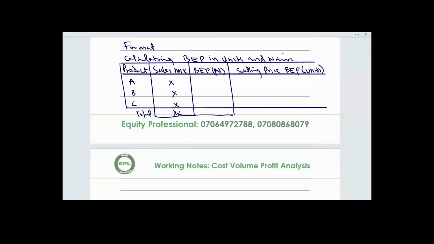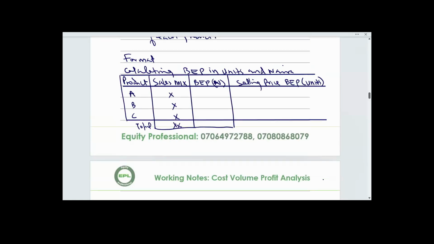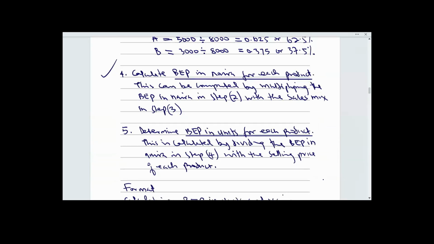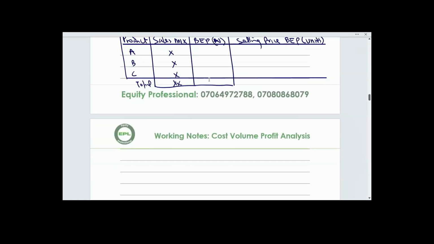Now, for you to be able to get the break-even points in Naira, remember in step 4, I said that you need to multiply the overall break-even point in Naira with the sales mix in step 3. So you first put in the break-even point in Naira for the company as a whole.